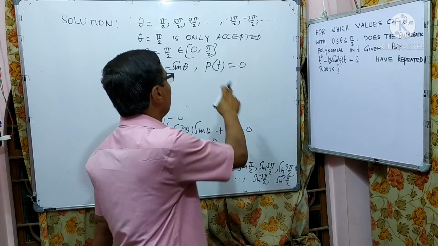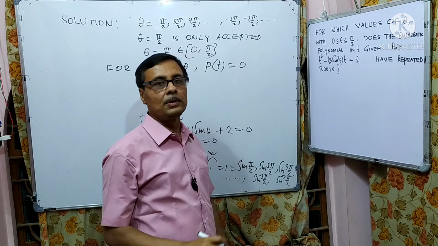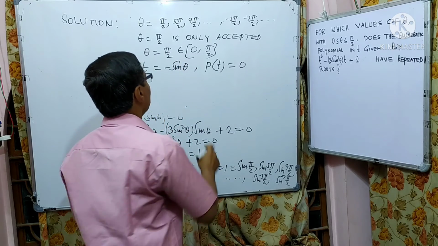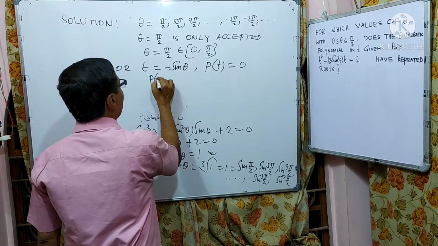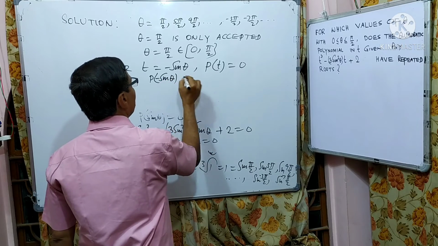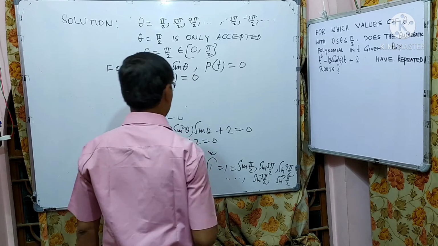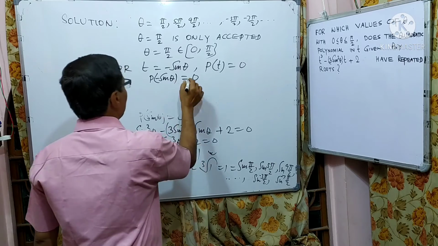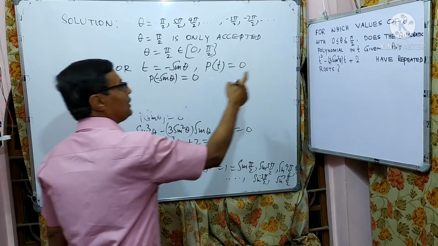So at t equal to minus sin theta, p(t) equals 0. So p of minus sin theta equals 0.